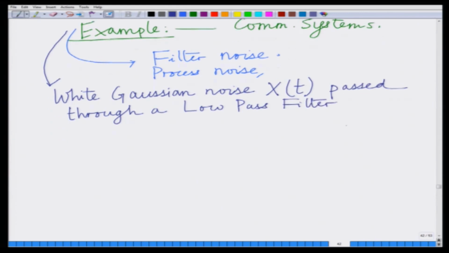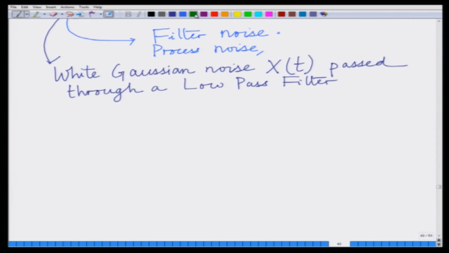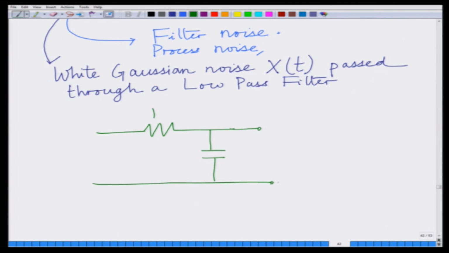Let us consider a simple RC low pass filter, your typical RC low pass filter. The input to this low pass filter is your random process X(t), and the output is your random process Y(t). So, we are considering what happens to a noise process at the receiver in a communication system when you pass it through an RC low pass filter.